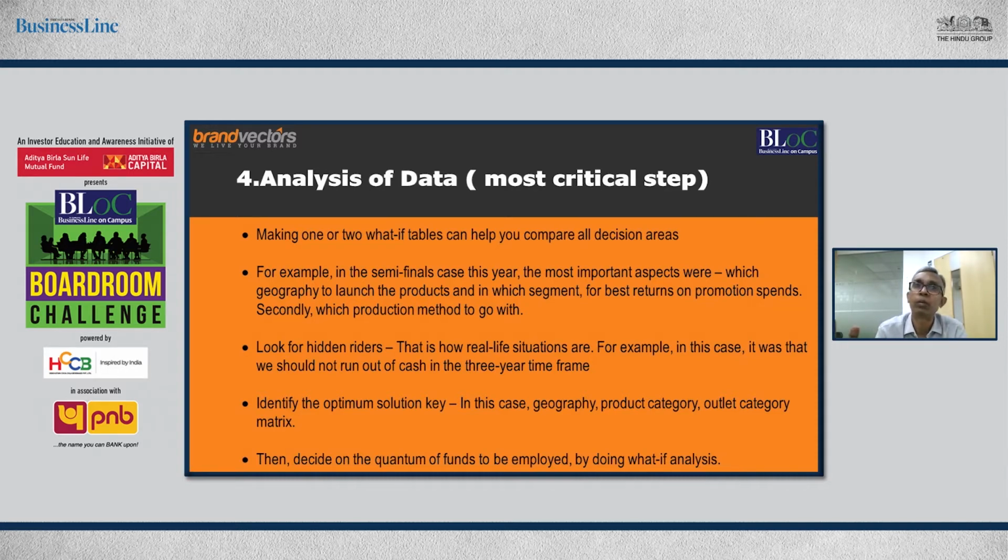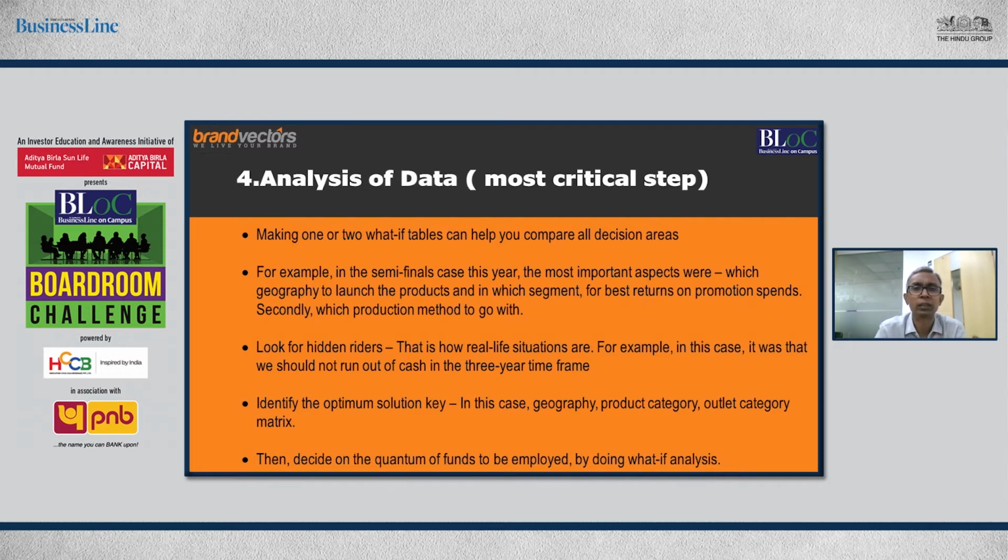Because there'll be some 20 tables or 10 tables all around, but you have to bring them down to 1 or 2 tables and make a dashboard in front, which will help you in deciding, okay, what are those aspects that is being looked at in this.